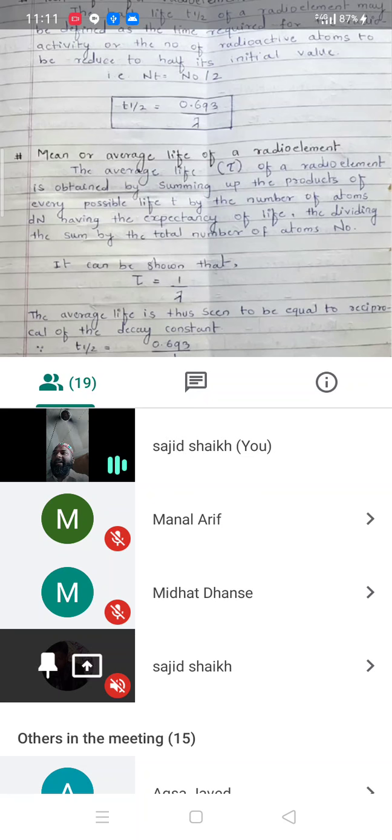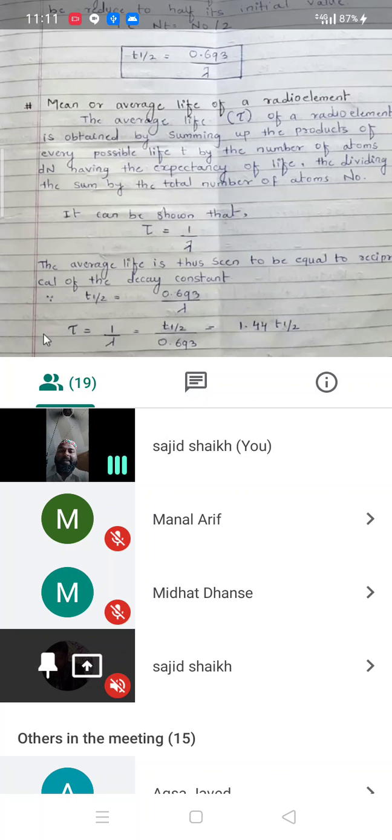It can be shown that tau is equal to 1 upon lambda. The average life is then seen to be equal to the reciprocal of the decay constant. Since T half is equal to 0.693 by lambda, tau is equal to 1 upon lambda.